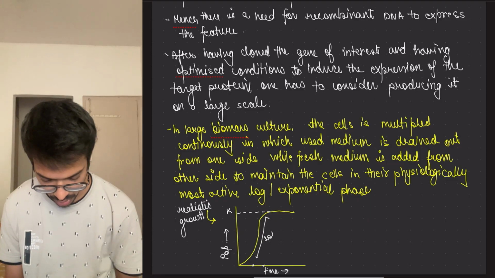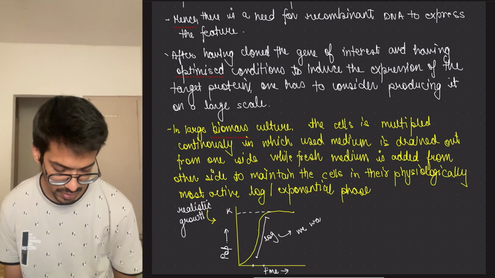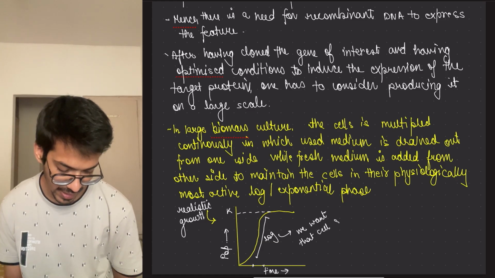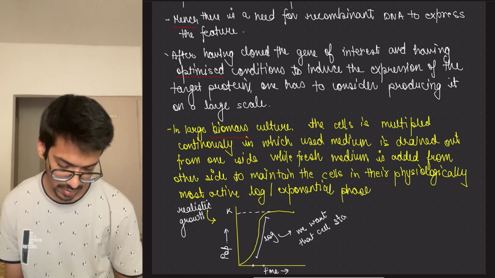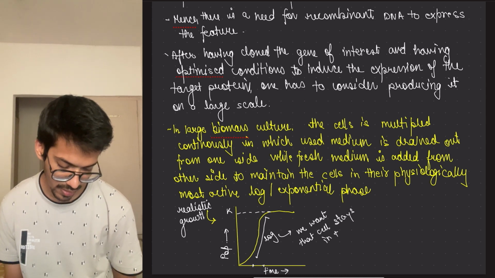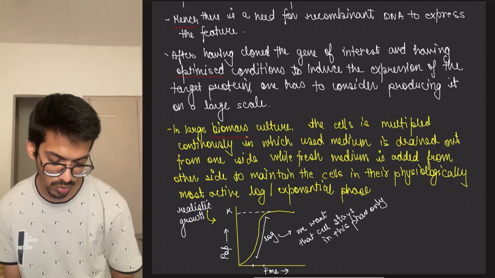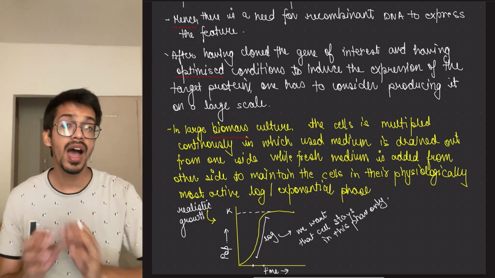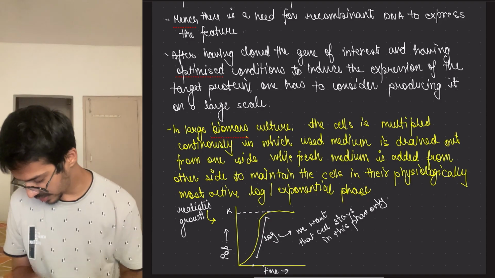Okay, so this is the log phase. We want the cells to stay in this phase only, where in a small period of time they can produce a high amount of proteins or product. I hope this is understood.